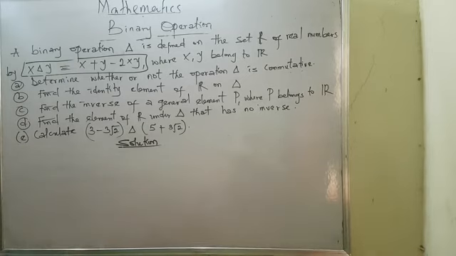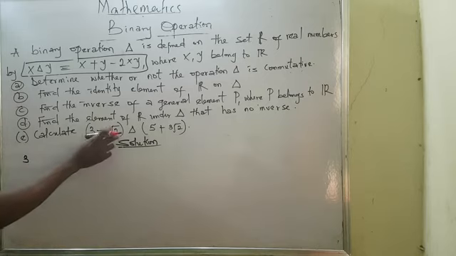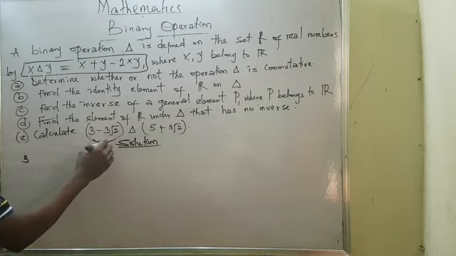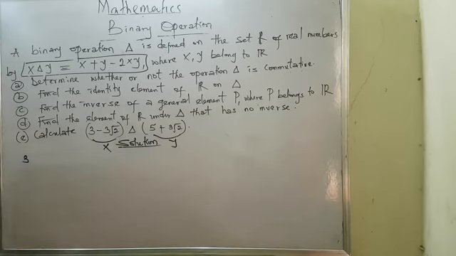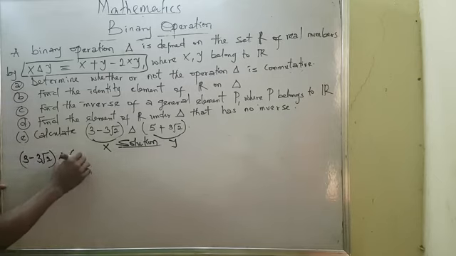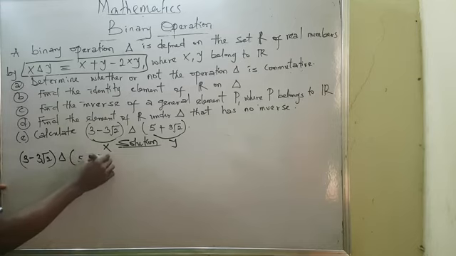So we have 3, we take this to be x and this to be y. So instead, we are now having 3 minus 3 root 2 operating 5 plus 3 root 2.